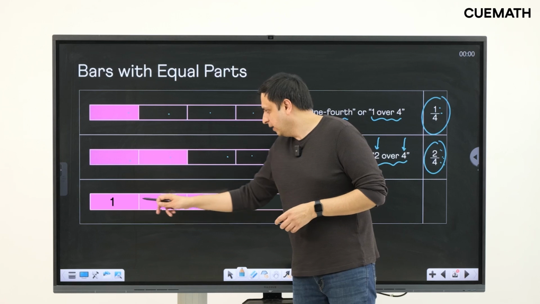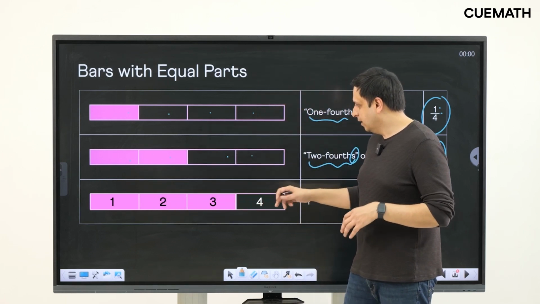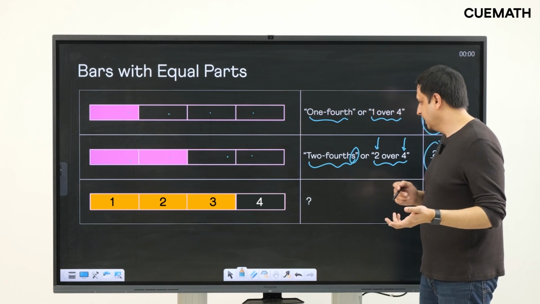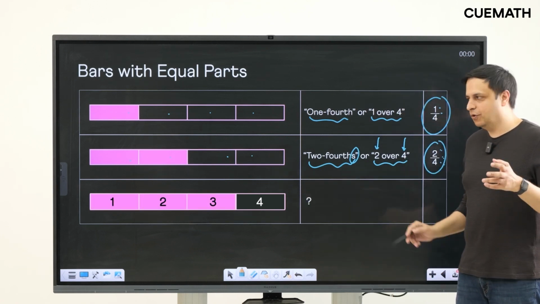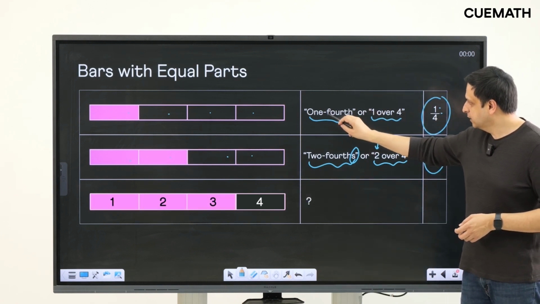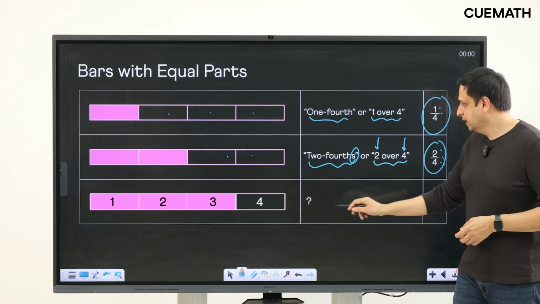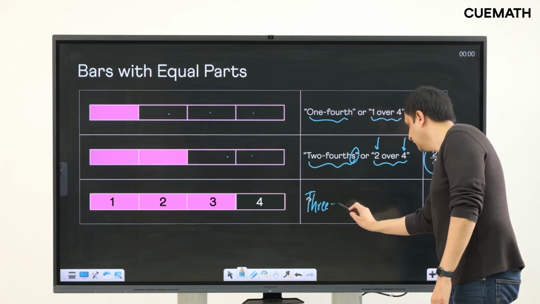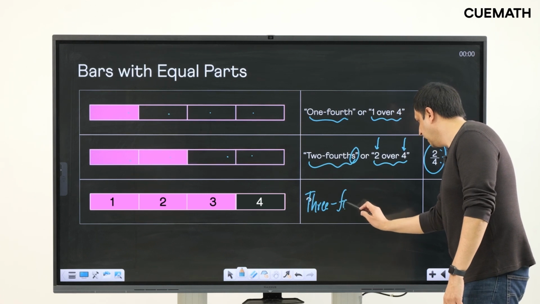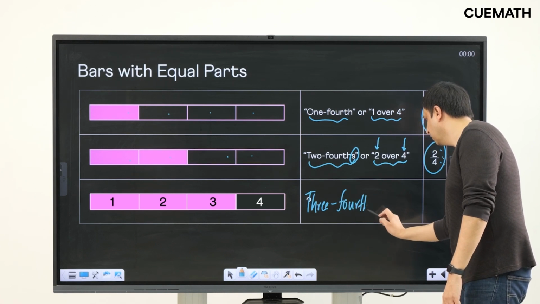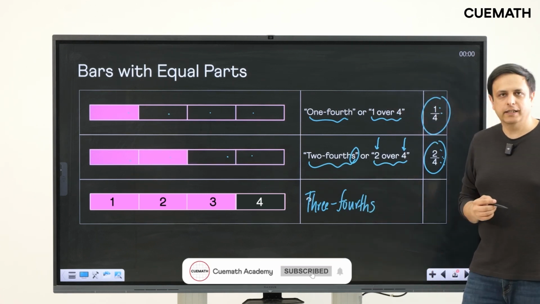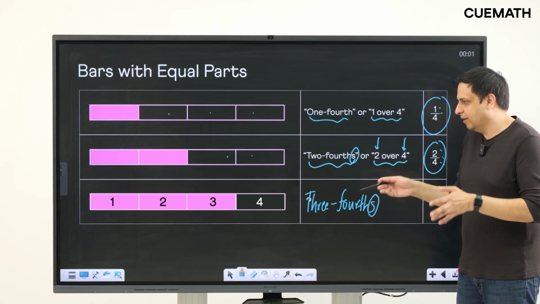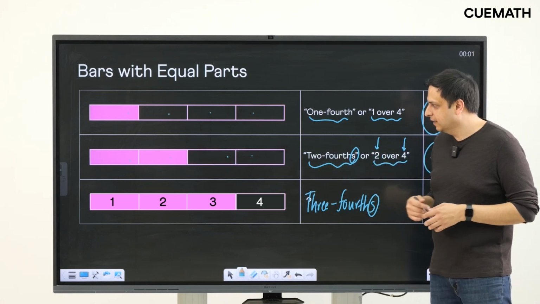Now, take a look at this picture here. The bar now has been divided into again 4 equal parts, but now 3 of those 4 parts are shaded. So, how do we write this? Just following this example, this was 1/4, this was 2/4, so this one should be 3/4. 3 because we are taking 3 parts and 4ths because the bar has been divided into 4 equal parts, and notice this S here, this is plural because I am selecting or shading multiple parts.